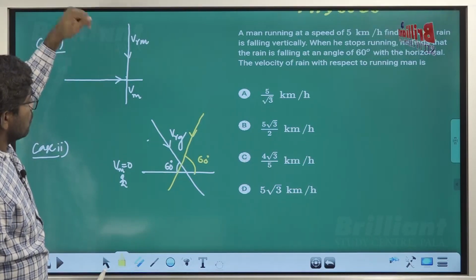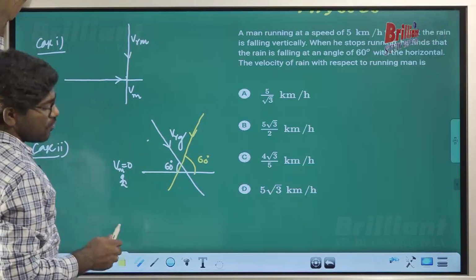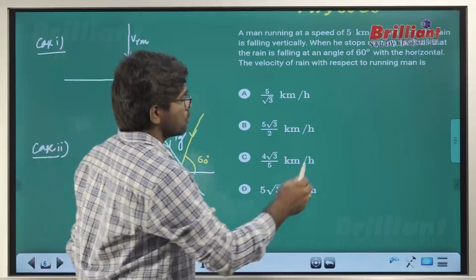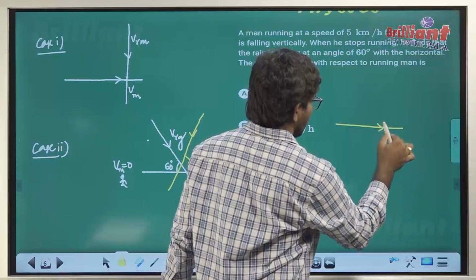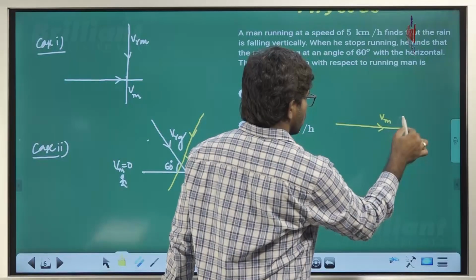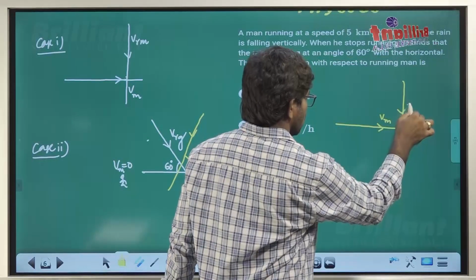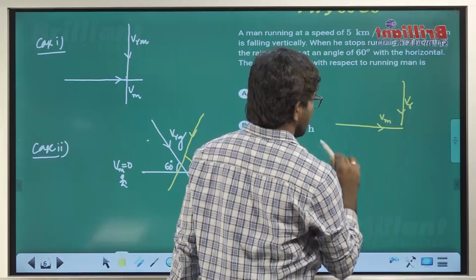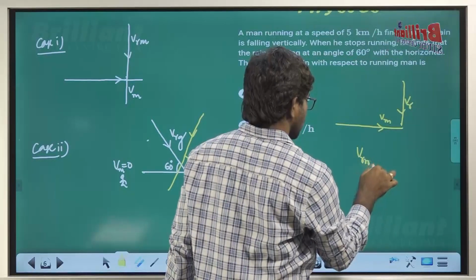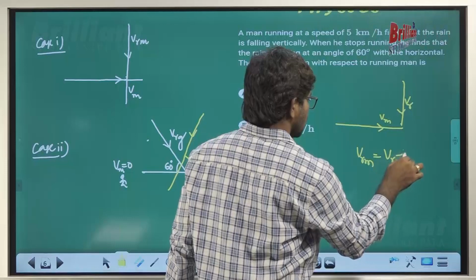Why? Because when you write the velocity of man, this is the velocity of man, and this is the velocity of rain. Generally, what is the velocity of rain with respect to man? That is VR minus Vm.